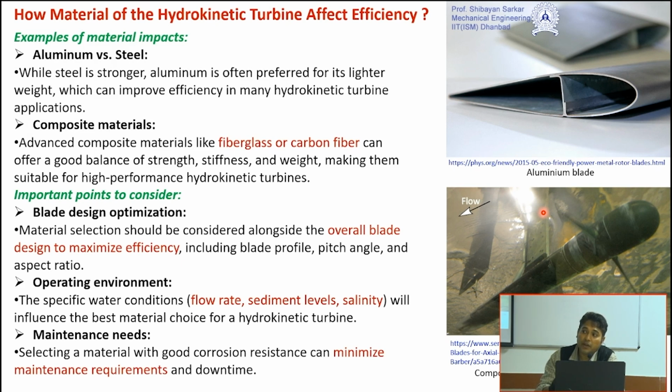Whether preparation of this particular composite is suitable or not, and whether the composite will be able to sustain for a long time while immersed in the water, that is also another criterion. So all these things you have to consider. Again, blade design optimization, in order to get maximum hydrodynamic performance.